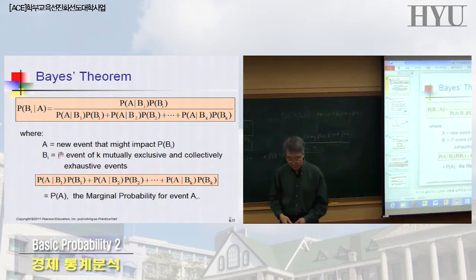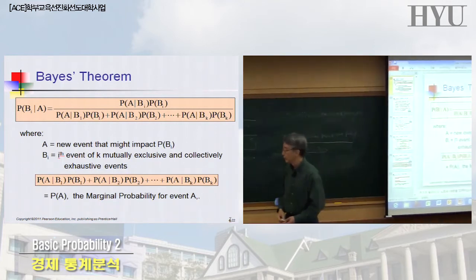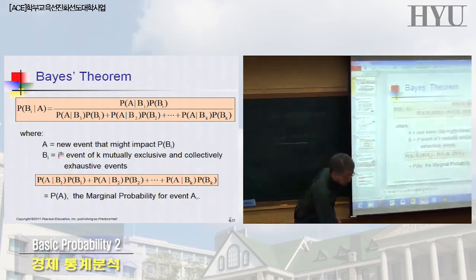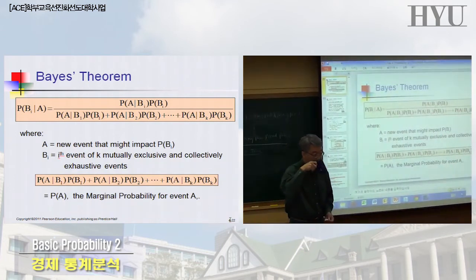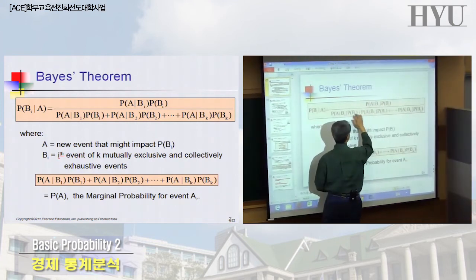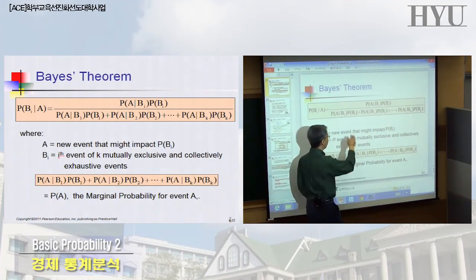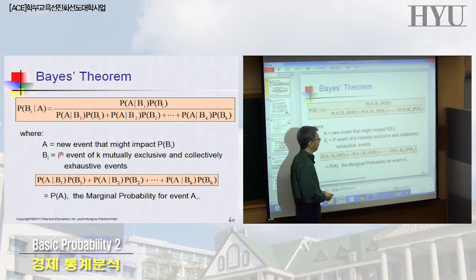What about the numerator on top? What can you say? That's conditional probability times joint probability, right? So actually, that's one of all these terms.